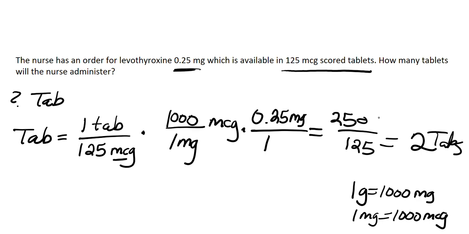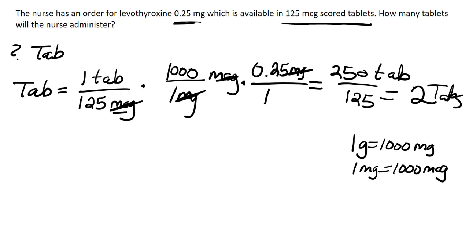That's why I usually say don't forget to write what you have here. That way you can stay straight and you don't forget what you're even solving for. Tab. So 2 tabs. And there you have it. Plugged in, good to go with the correct answer.